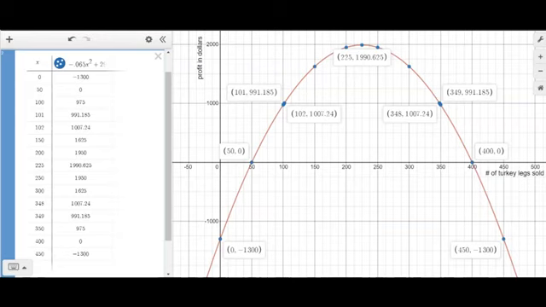We can see our vertex up here, or our maximum. The maximum is at 225 turkey legs, for a maximum profit of $1,990.63. Notice we're rounding that to the nearest hundredth because we're talking about money.